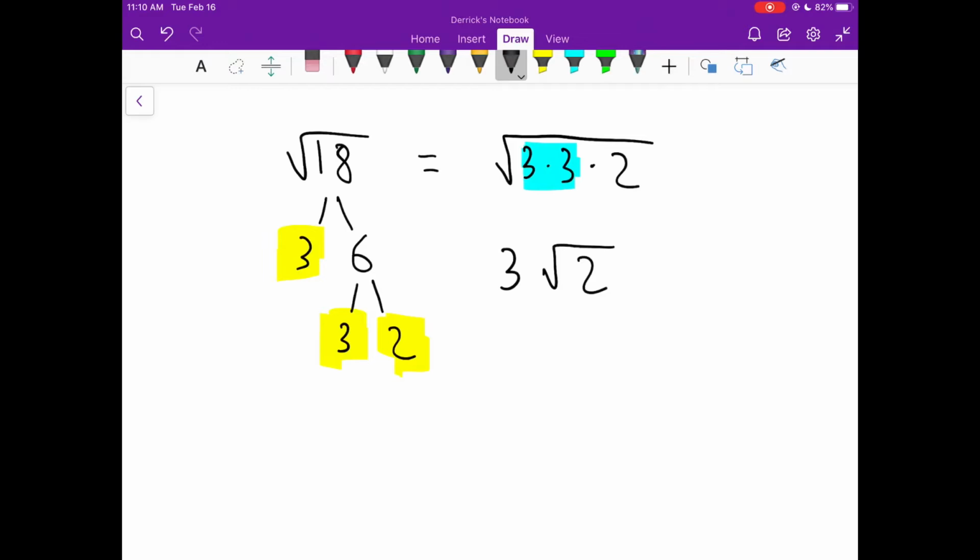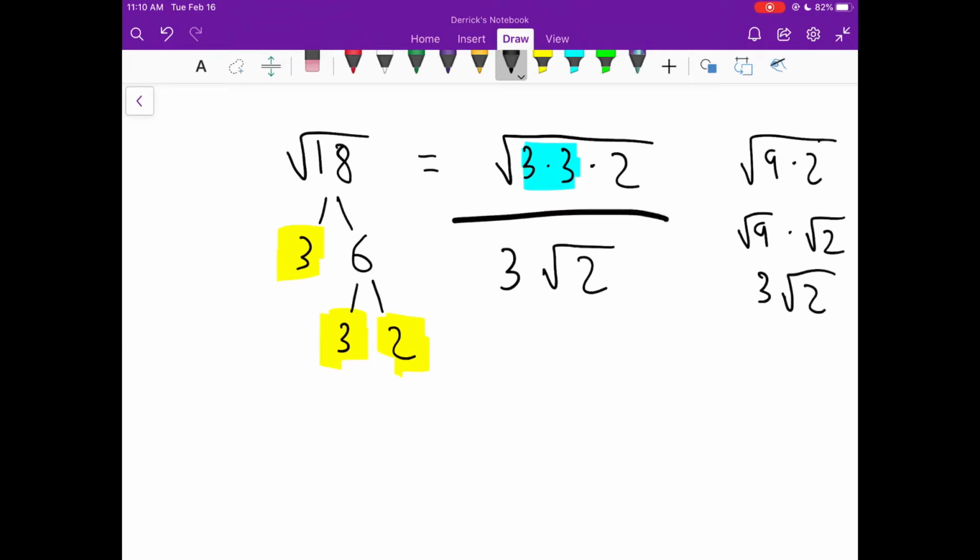In other words, what we're basically saying is that the square root of 18 is the same as the square root of 9 times the square root of 2, and knowing our product property from the past lesson, we know that the square root of 9 is 3, so 3 square root of 2 is the simplified version of the square root of 18.